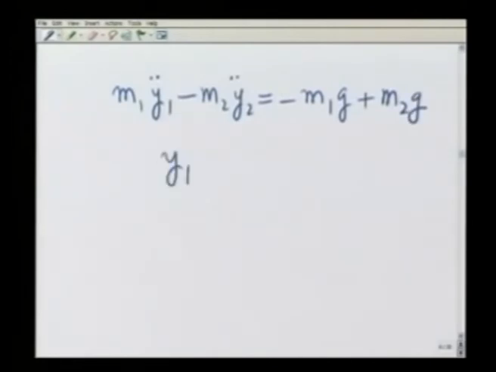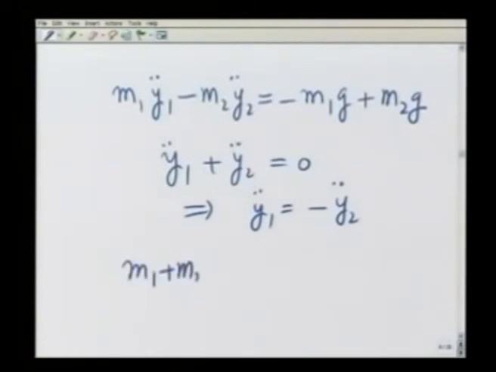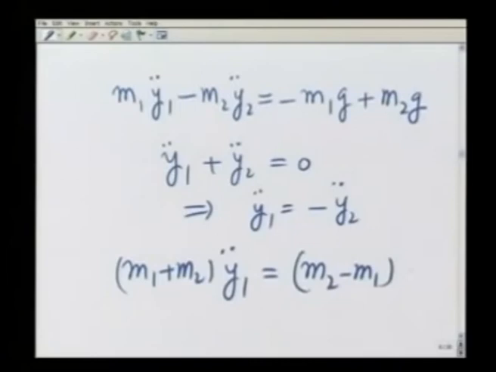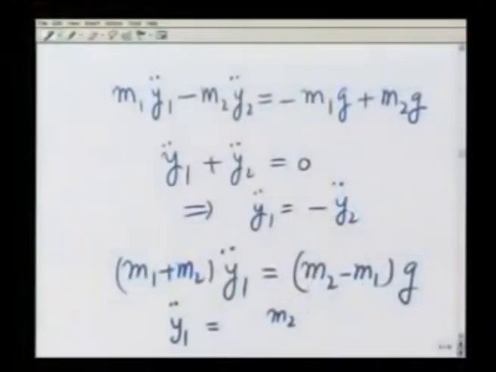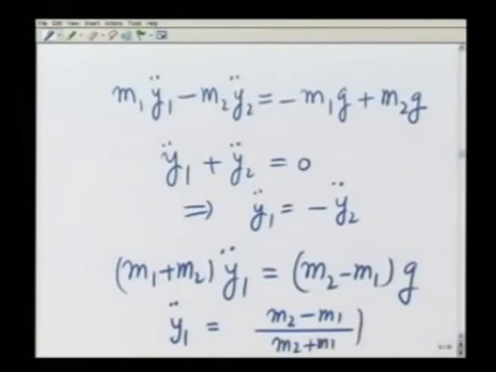Since I know that y1 double dot plus y2 double dot is equal to 0, this implies y1 double dot equals minus y2 double dot. If I substitute, I get m1 plus m2 times y1 double dot equals m2 minus m1 times g, or y1 double dot equals m2 minus m1 over m2 plus m1 times g.